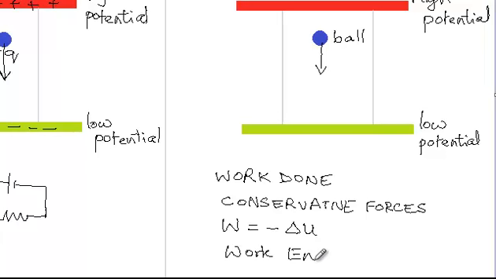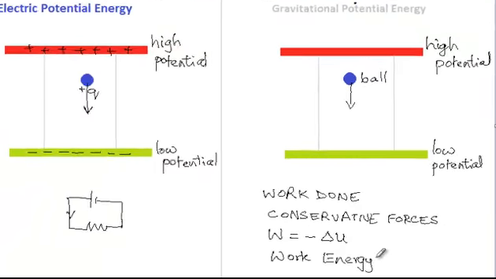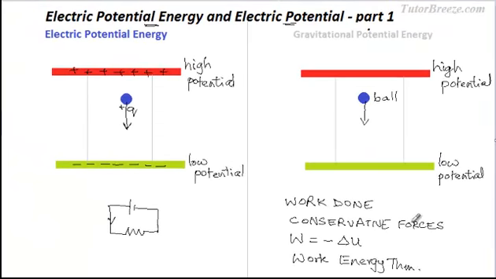So these are a few concepts which you've learnt earlier in mechanics. We need to revise these concepts because the same concepts are applied both in case of mechanics and in case of electrostatics.